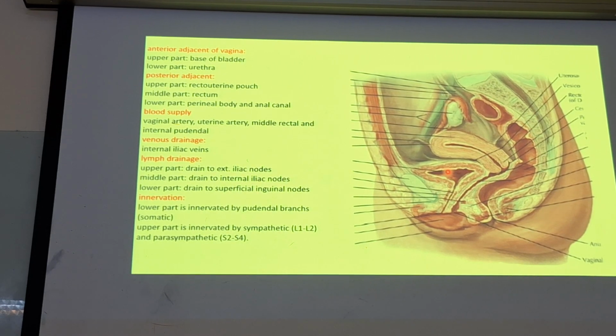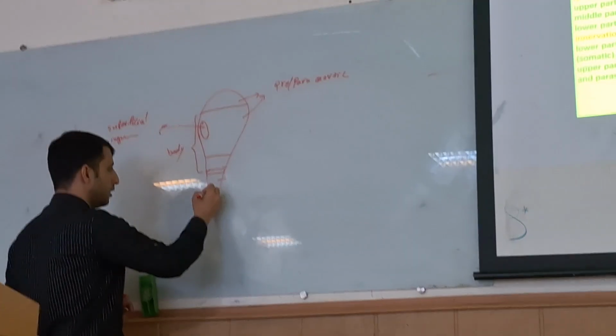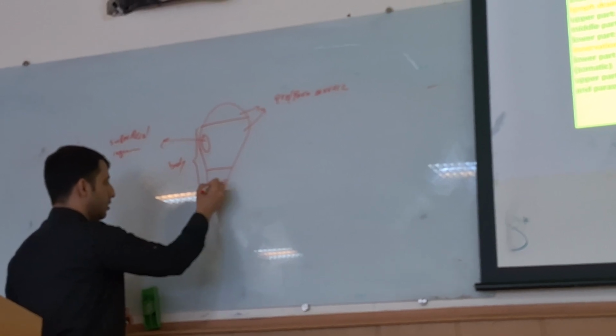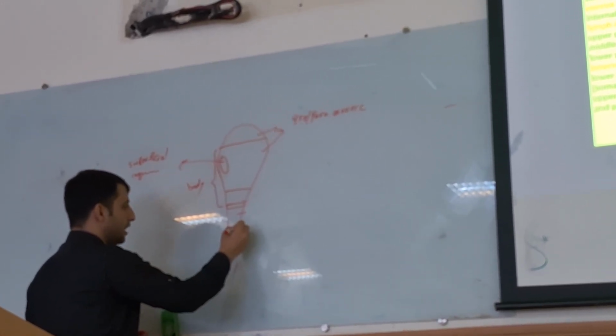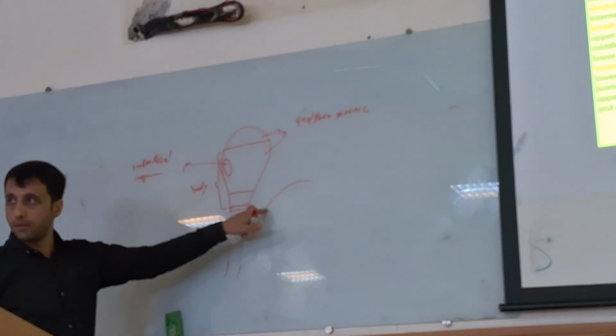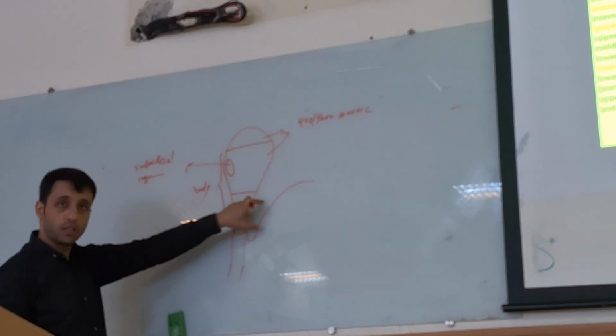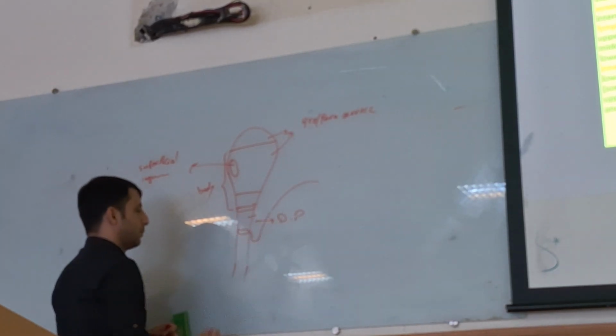Here we have the vagina. This area of the vagina, okay, internal os, external os, and the vagina. The superior part is adjacent to the Douglas pouch.